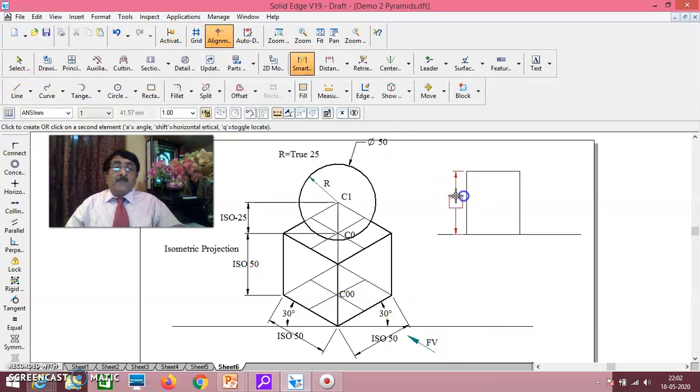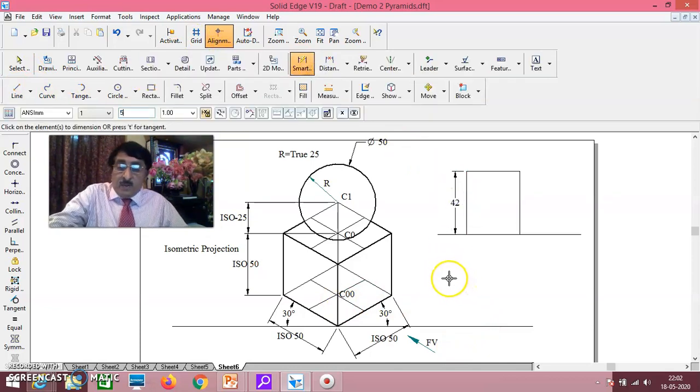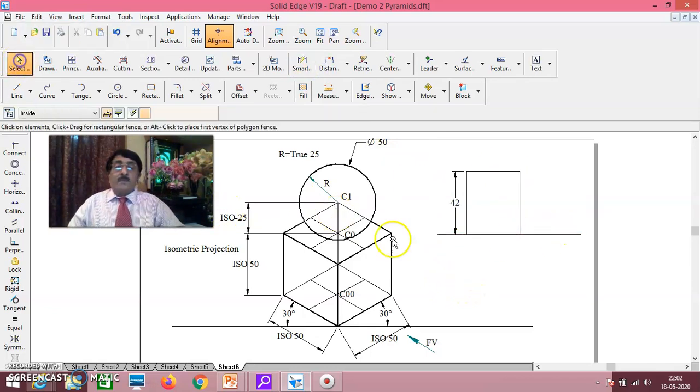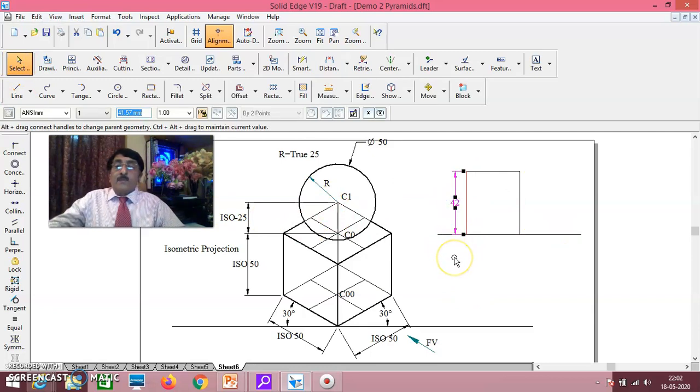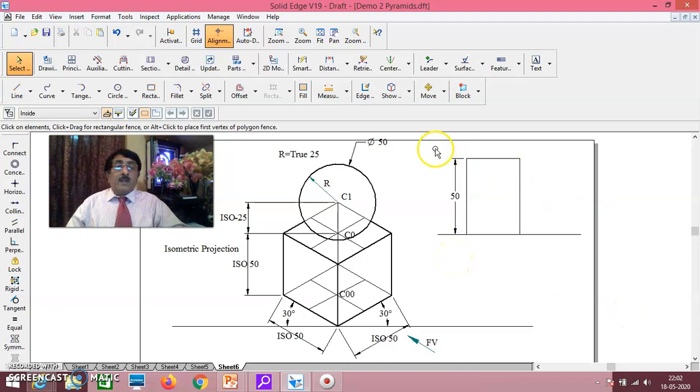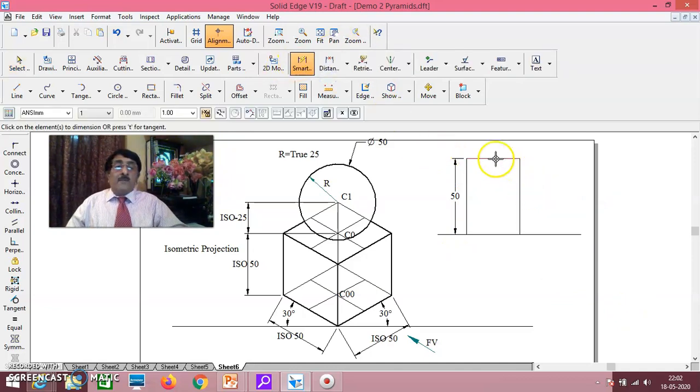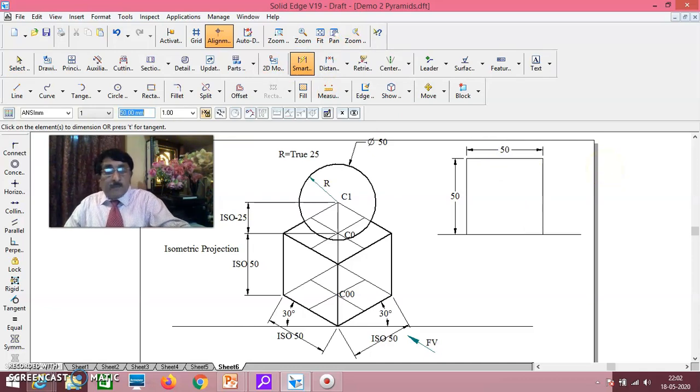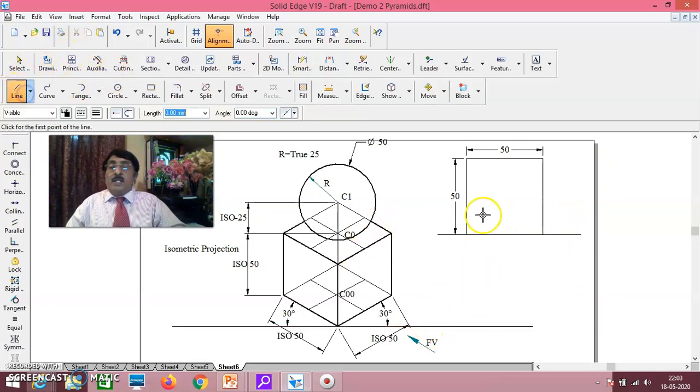You see here, 50 you draw, 50, and this also 50 you draw. This is the front view of this, and immediately you write the corresponding top view.